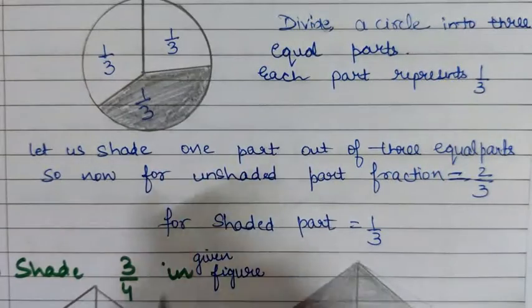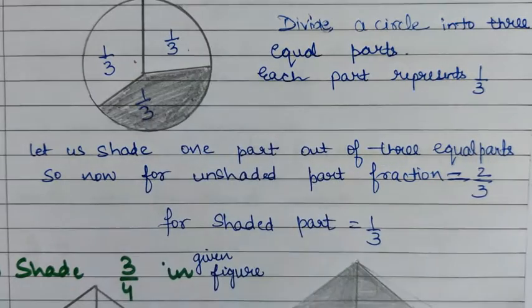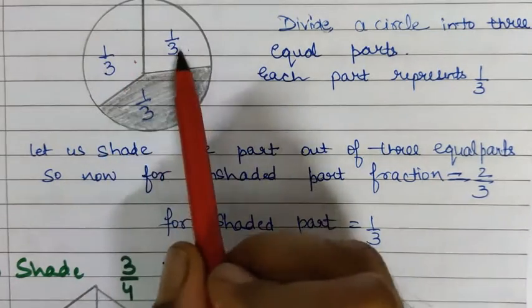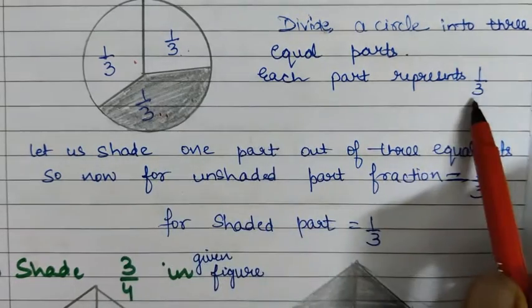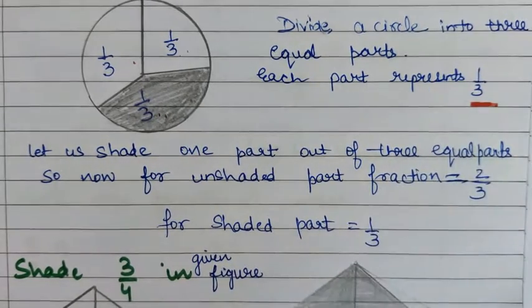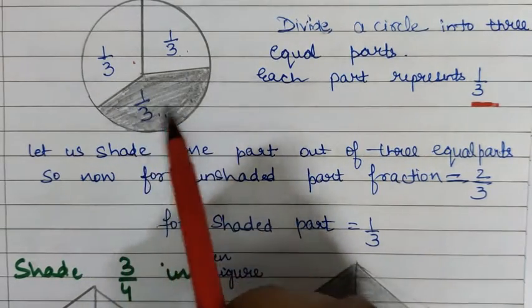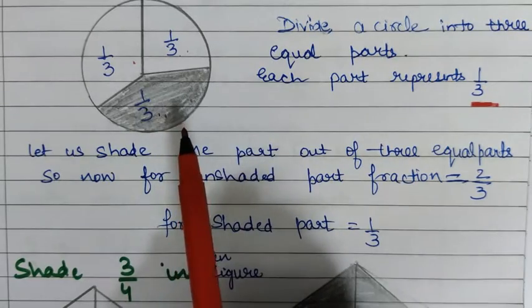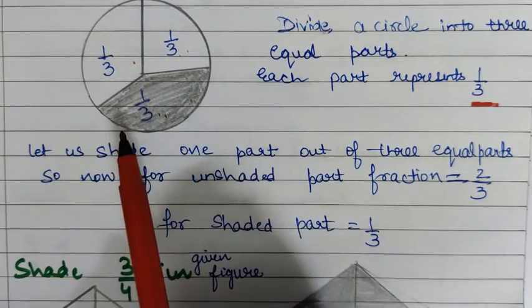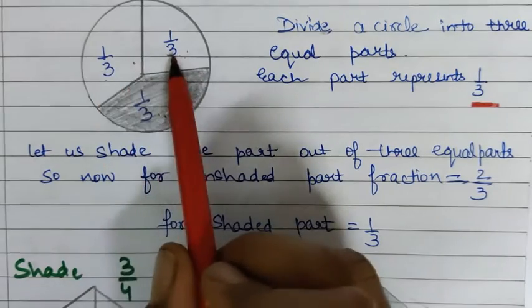Now divide a circle into 3 equal parts. So here each part is representing a fraction, that is 1/3. Let us shade one part out of 3 parts. You can shade any of the parts. So now for unshaded, how many unshaded parts are there?